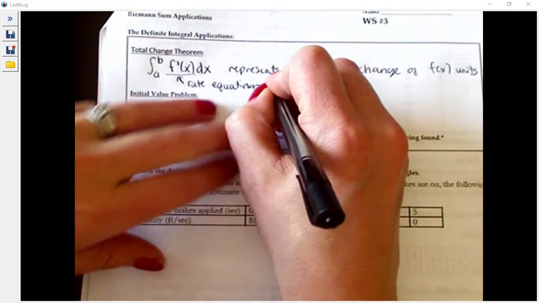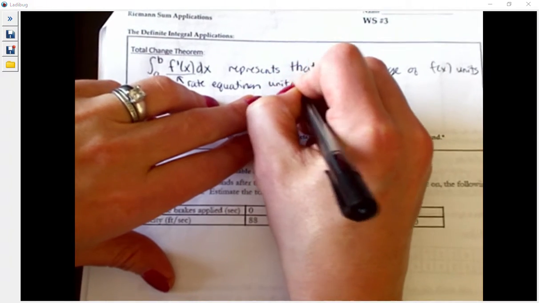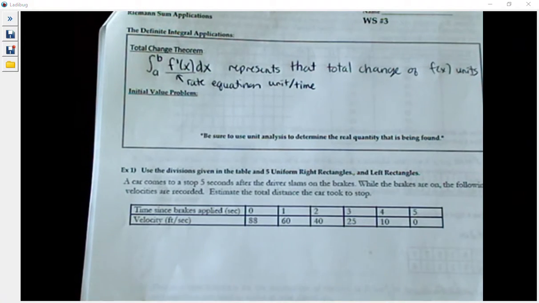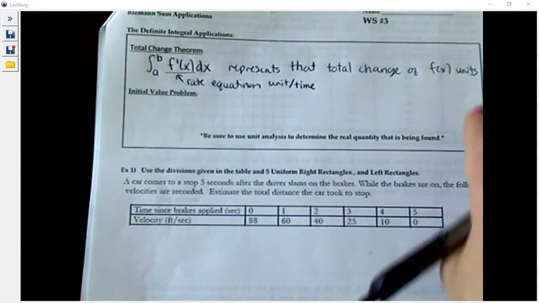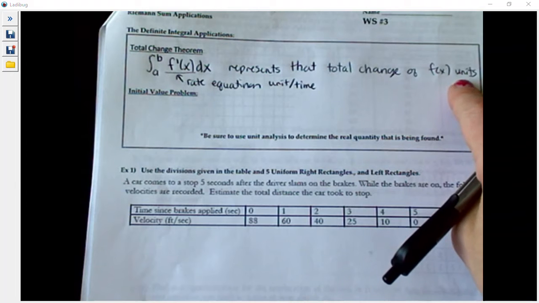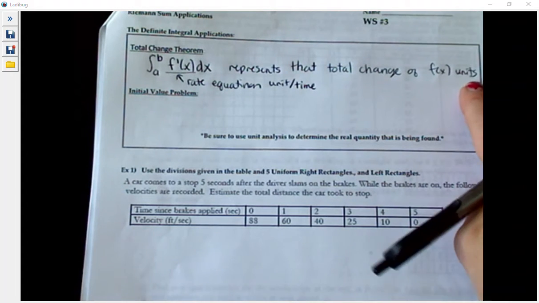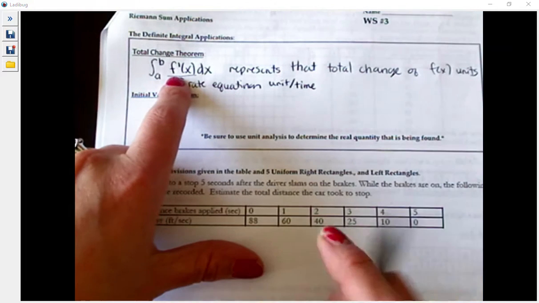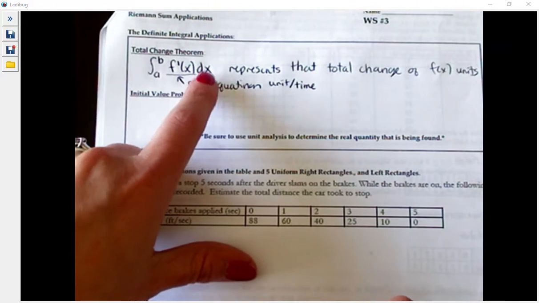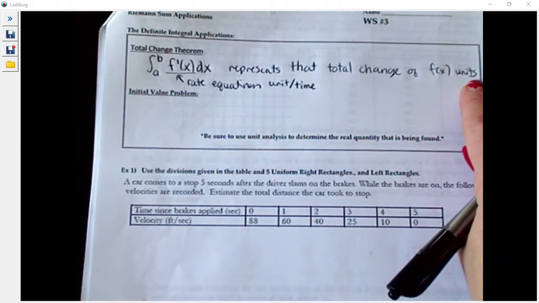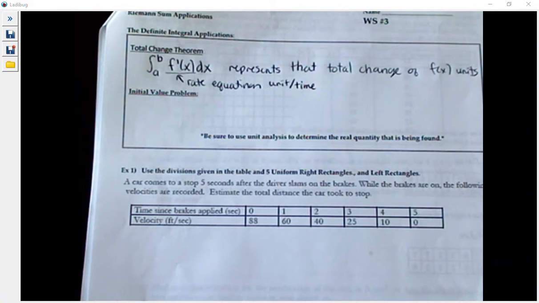So this is, we'll say, units per time. It's a rate: miles per hour, people per minute. It's just a rate. It gives you the total change, original units. Notice that if you take a rate, say velocity, and you multiply it by time, you get distance. Look at the units here.